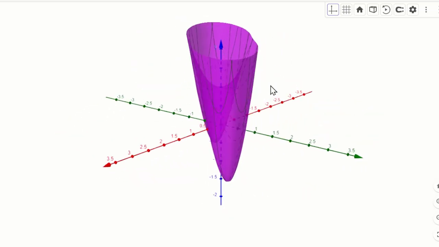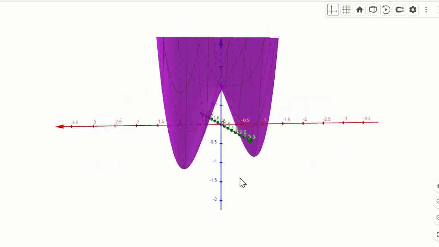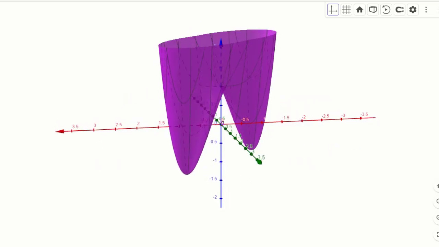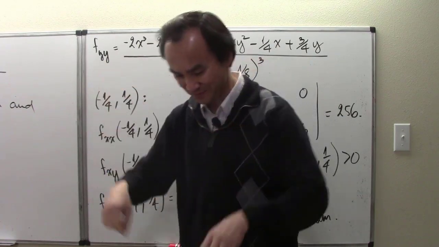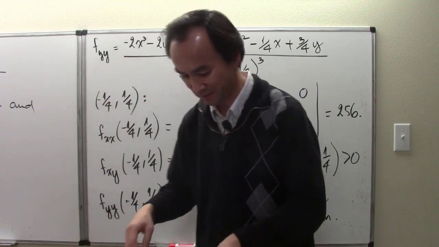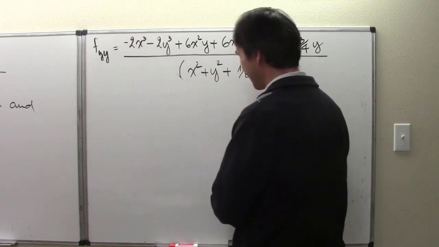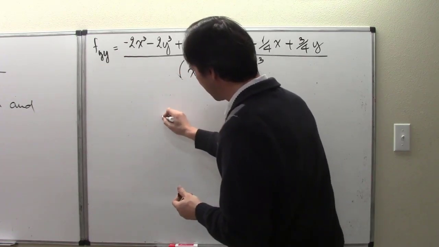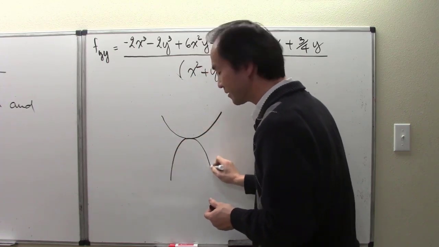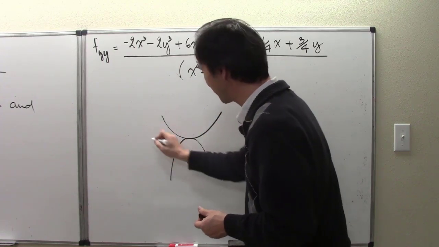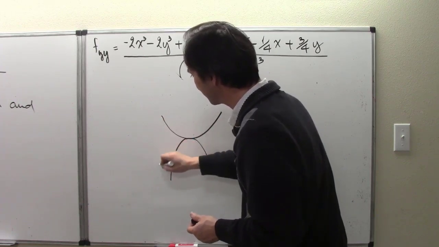So that's what a saddle point means, sort of like a saddle that you put on a horse. It has this picture: it's going minimum in one way, but going maximum in another way. So that's kind of like that.